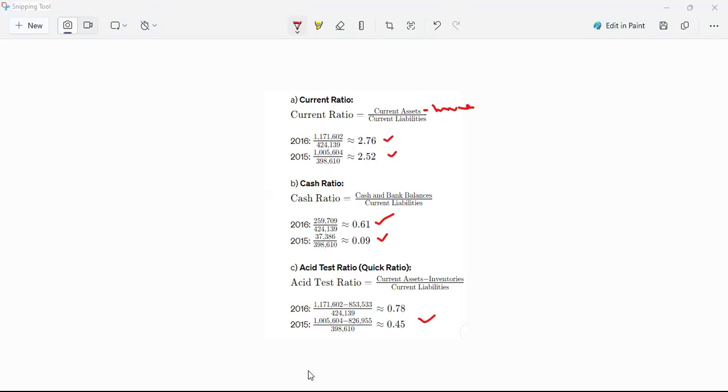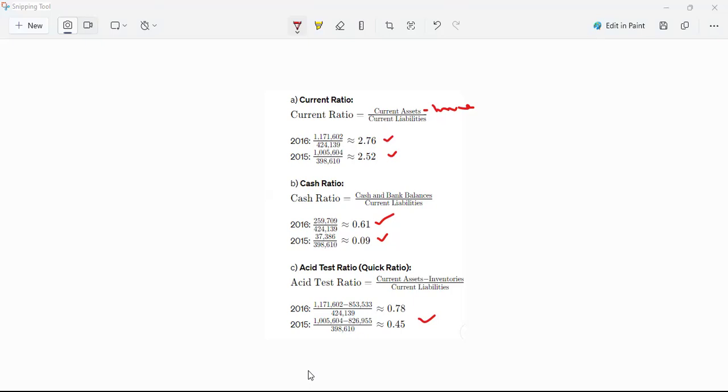Now let me interpret those ratios, starting with the first one, the current ratio. The current ratio is used to pay off short-term liabilities with the current assets. A higher ratio means stronger liquidity and better ability to meet our short-term obligations.